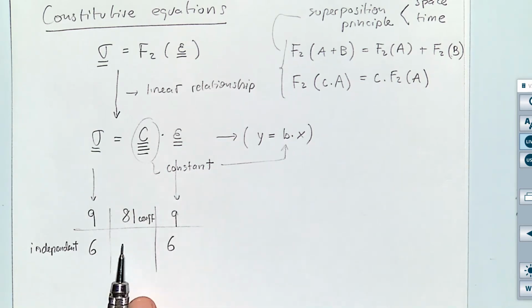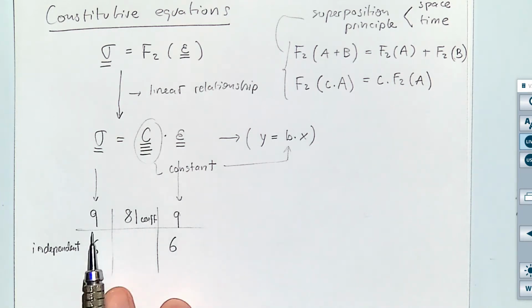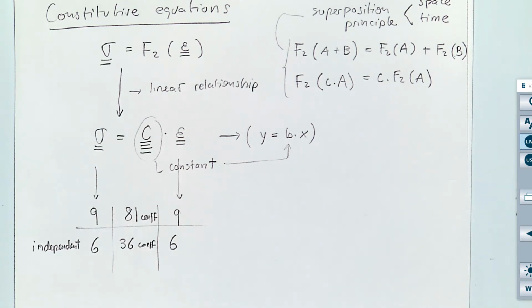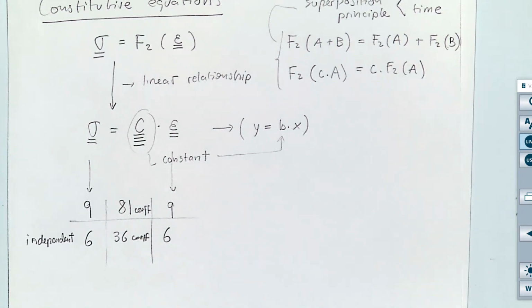So here I could have 81 coefficients, if I don't have symmetric matrices, but I do. So instead of 81, I'm going to have 36 independent coefficients in that matrix C. All right, so let's try to figure out what those 36 independent coefficients are.